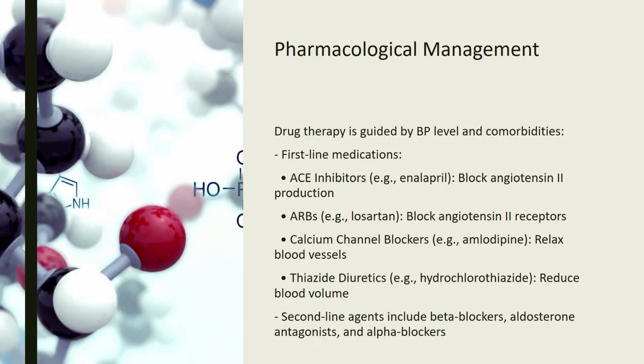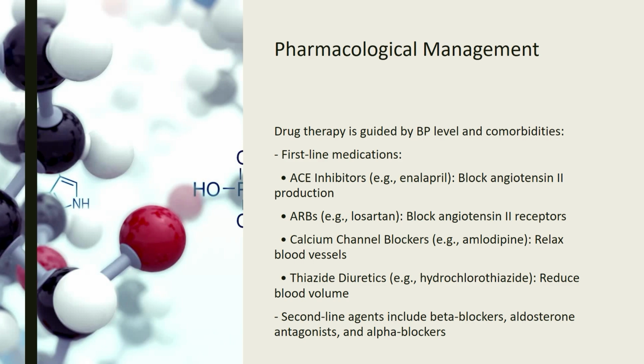Pharmacological management of hypertension. Drug therapy is guided by blood pressure levels and comorbidities. First-line medications: ACE inhibitors, for example enalapril, block angiotensin II production. ARBs, for example losartan, block angiotensin II receptors.